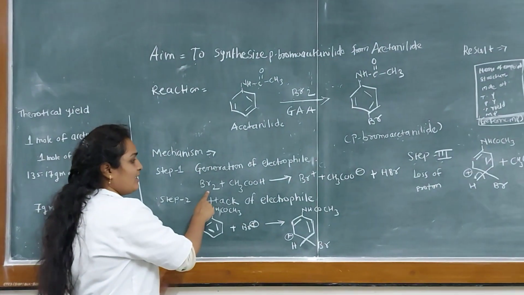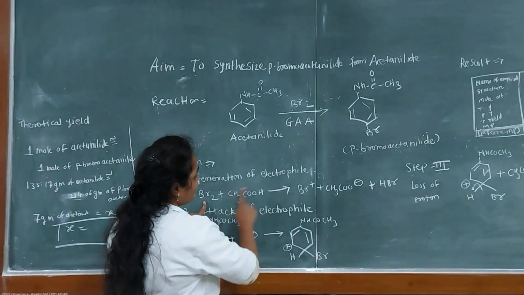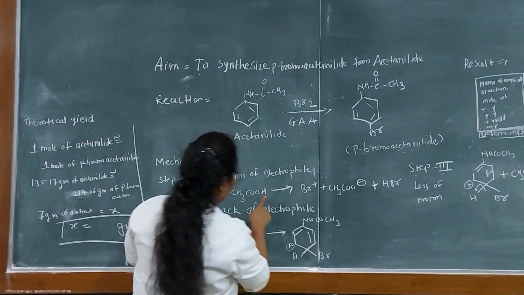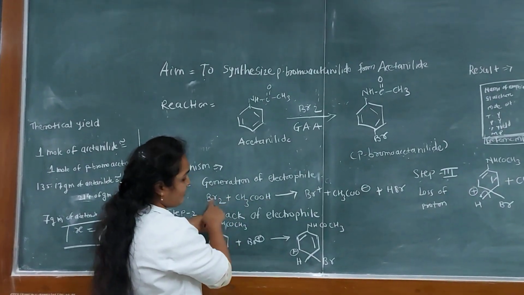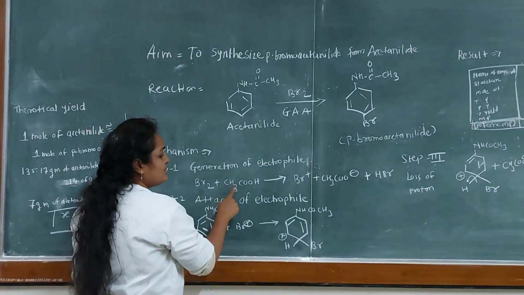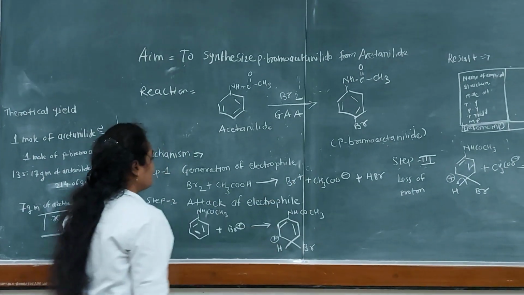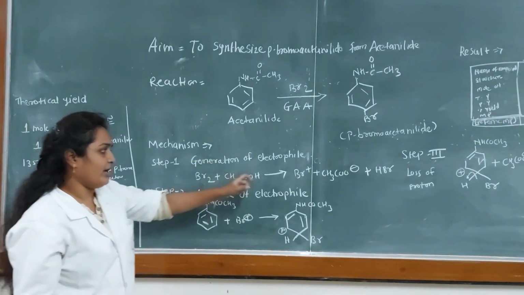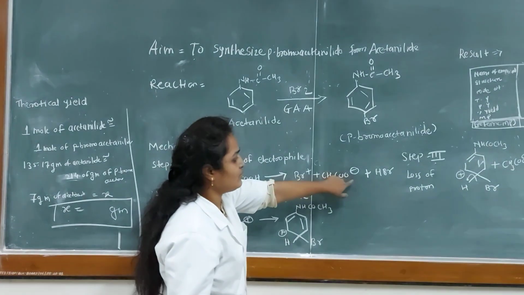One bromine atom is Br plus, and the other bromine is attached here as HBr, taking one hydrogen atom from the acetic acid, leaving CH3COO minus. This is step 1, formation of the electrophile Br plus and CH3COO minus.